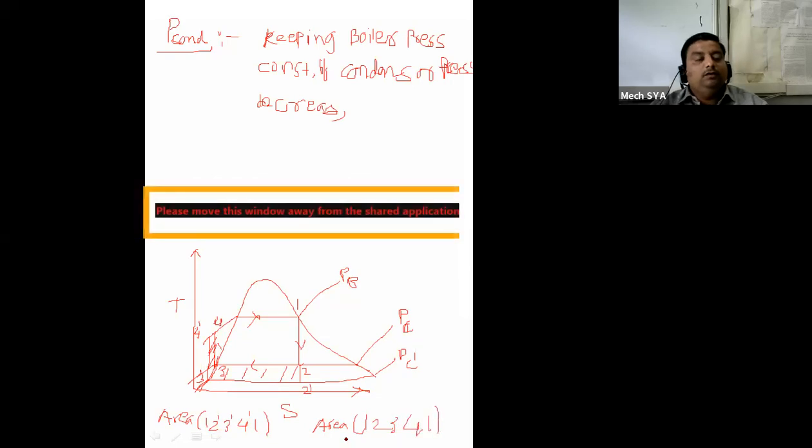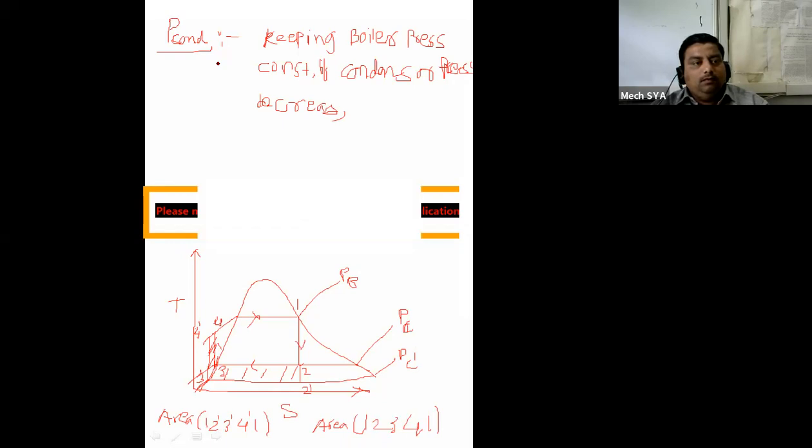Which area seems to be more? Anybody of you? Original area is more?